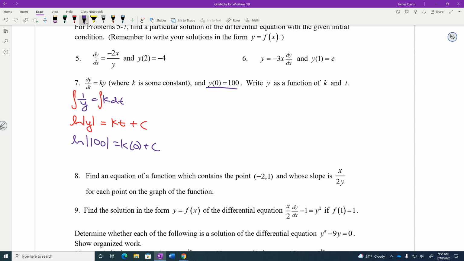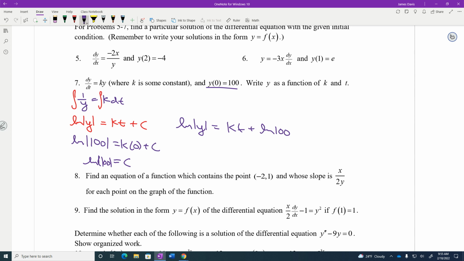So then this cancels, so c is the natural log of 100. And then in solving this, we would get natural log of y equals kt plus the natural log of 100.